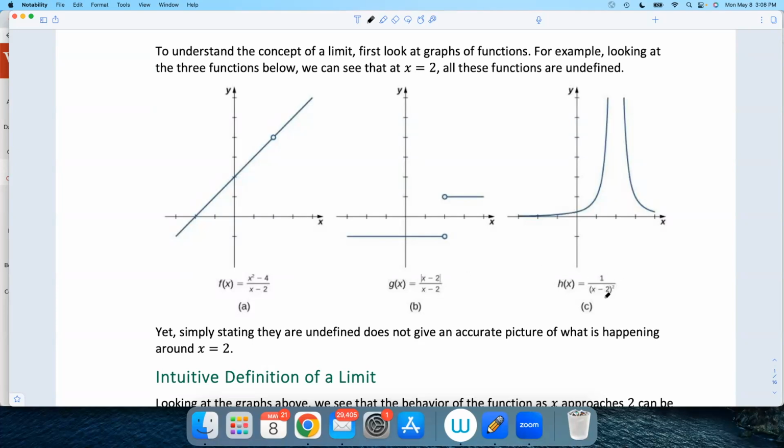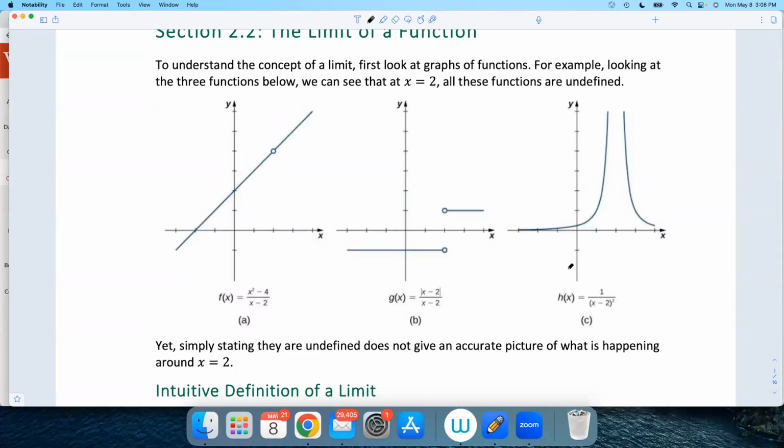Here you would just get 1 over 0. Can't have 0 in the denominator. The function's not defined at 2 for all three of these cases. However, the behavior near x equals 2 is different in these three cases. And that's the idea of a limit.